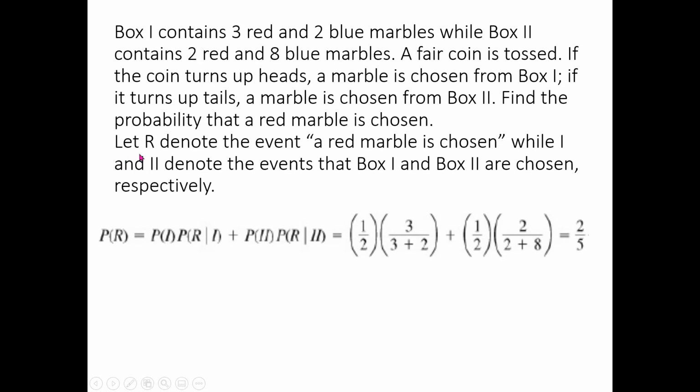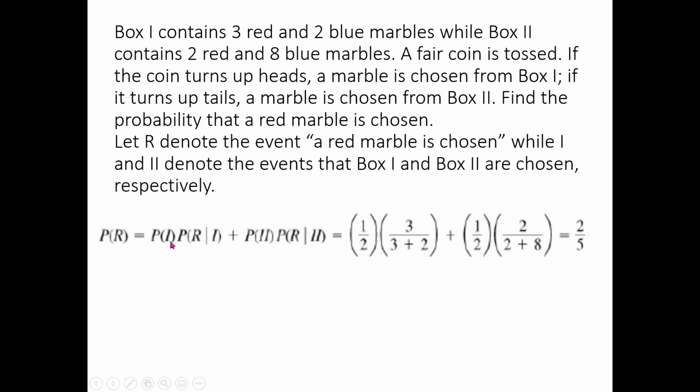So let's define the event. Let R represent the event that a red marble is chosen, while 1 and 2 denote the event that box 1 and box 2 are chosen. So you can see that a red marble can come out from box 1 or from box 2. If I use the word or, that means there are 2 possibilities, so I'm going to add the 2 possibilities.